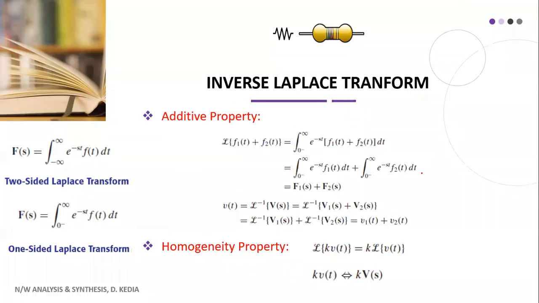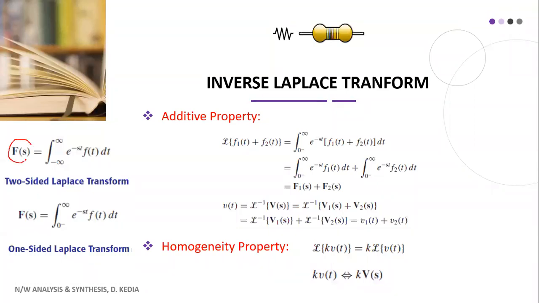Okay, so this is what we have in inverse Laplace transform. So dear students, in your signals and systems subject, you must have studied your inverse Fourier transform also. In the same way, we have inverse Laplace transform. In case of inverse, what will happen?